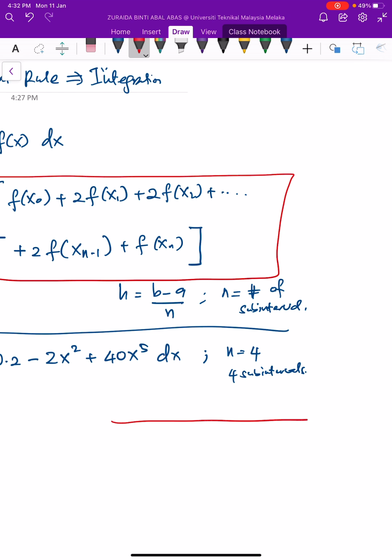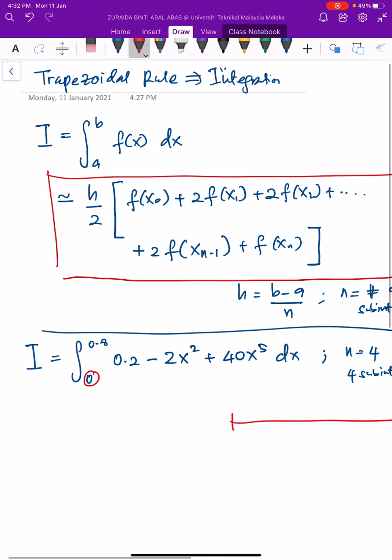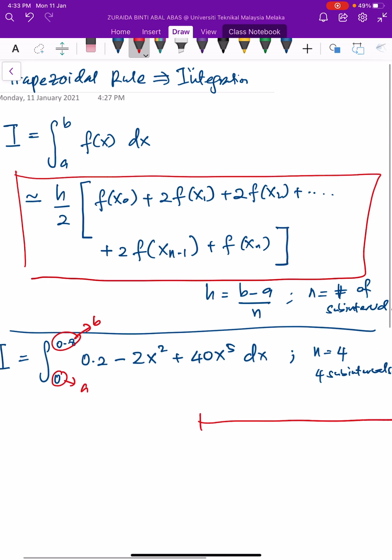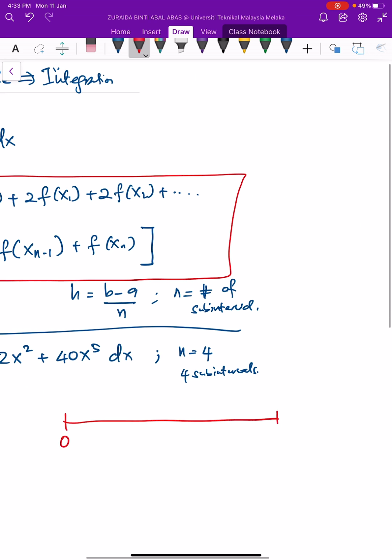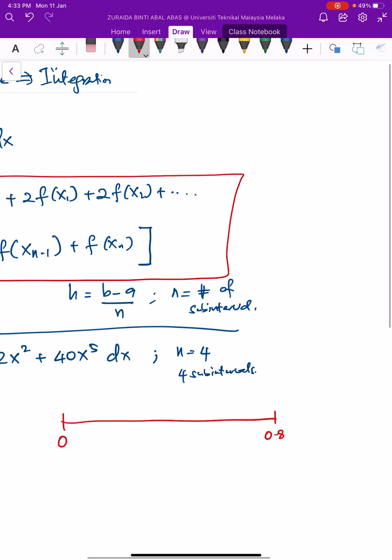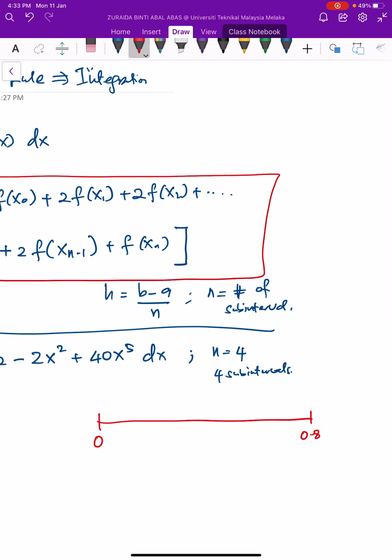So let's say that you have, let's look at here, this is your A, and this is your B. So your A starts from 0 until 0.8. And the question asks you to approximate using 4 subintervals, right? So what does it mean?